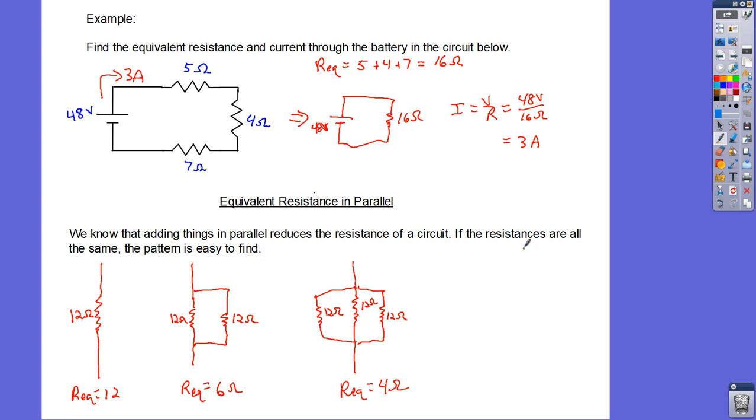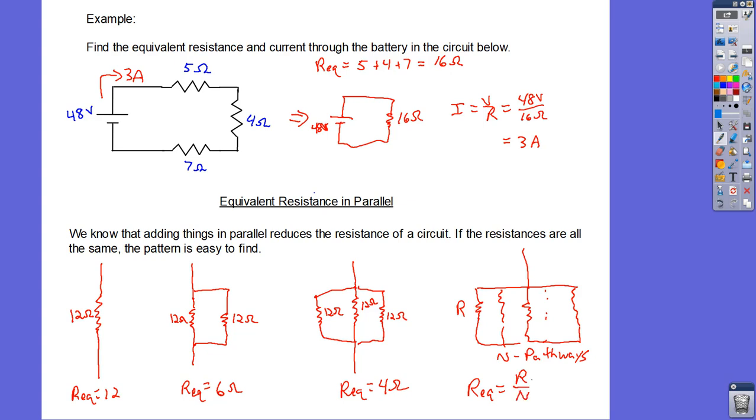Okay, so in general, if I have a resistance R and we have N pathways, Req is equal to R divided by N. But that only works if all the resistors are the same resistance.